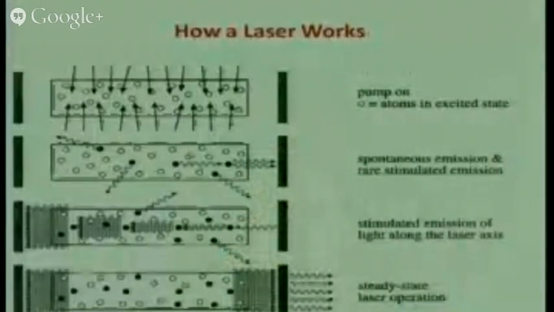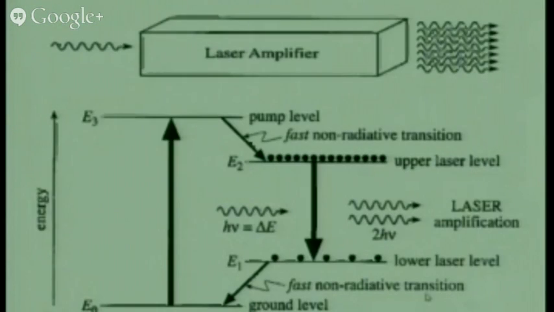So this is how another picture shows that this is a spontaneous emission, which is going in all random directions, and this is stimulated emission, which overpowers your absorption and spontaneous emission and gives you a steady state laser output.